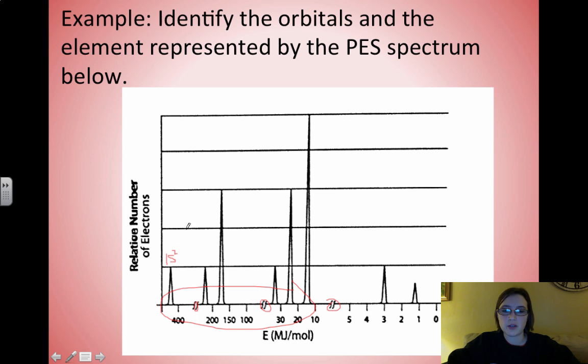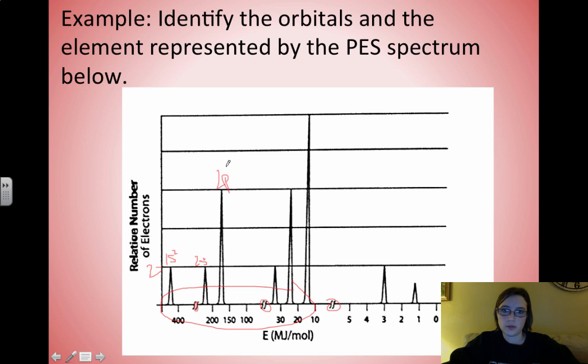The reason I know it's 1s2 is because we have more peaks, which means we have to have a full 1s before we can continue filling. That means this line right here represents 2 electrons. Next we come to the 2s2. Then next would be the 2p, so here's 2, 4, 6.